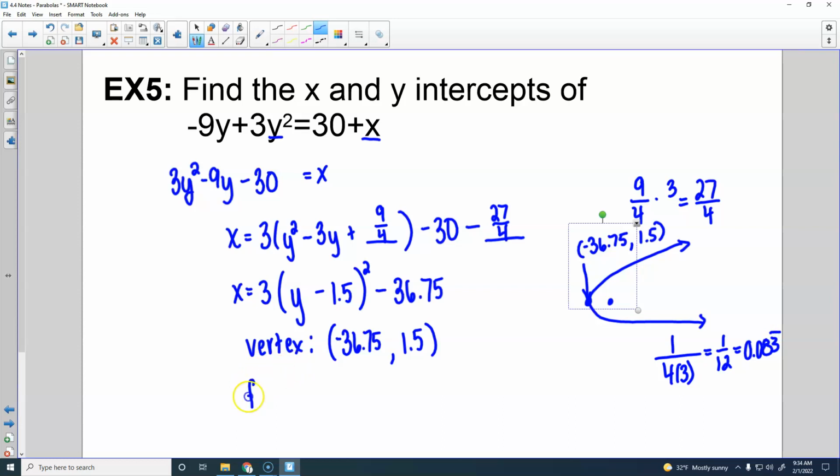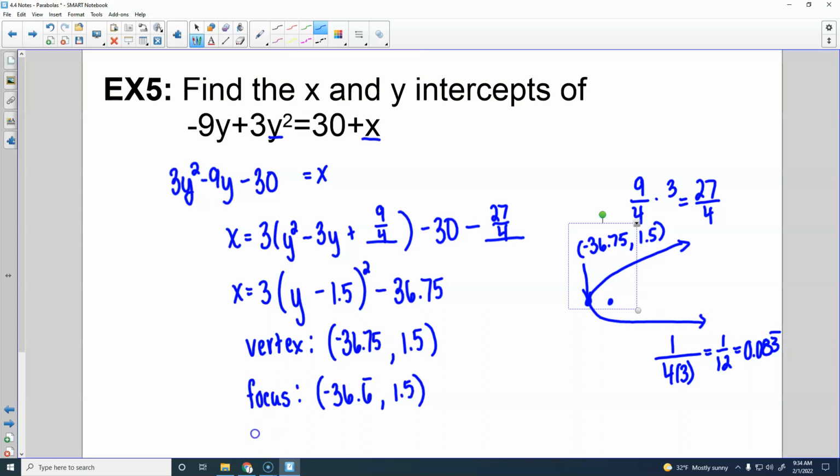So our focus, we're moving to the right, so it's going to affect our x coordinate. So we take that negative 36.75 and we add 0.083 repeating, and we're going to get negative 36.6 repeating, 1.5.